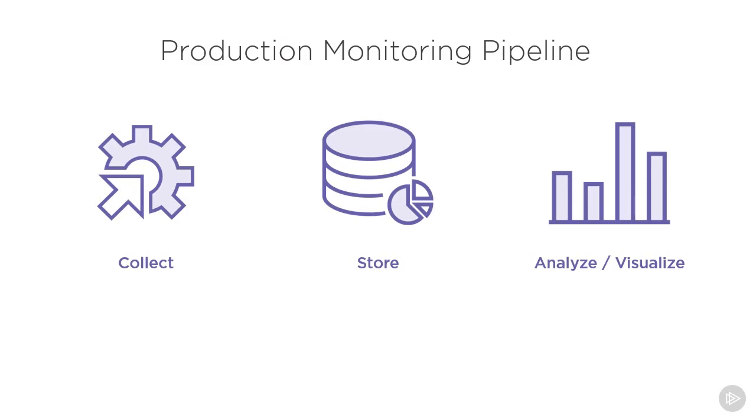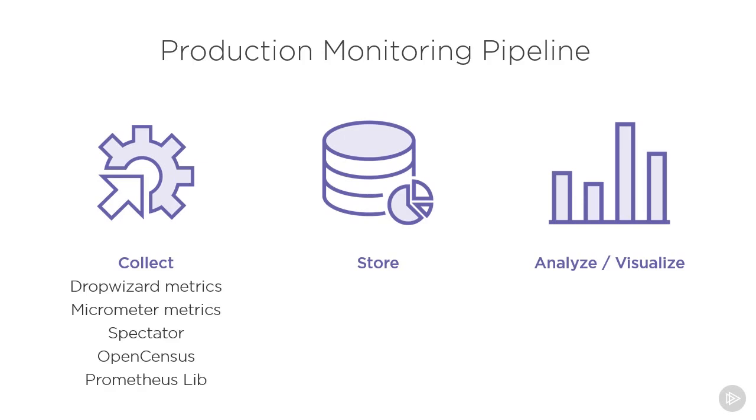Returning to production monitoring, there are several tools that can be used for the different phases in the production monitoring pipeline. For example, in the instrumentation, collection, and aggregation phase, we have metrics libraries like Dropwizard Metrics, Micrometer Metrics, Netflix's Spectator, and Google's OpenCensus and Prometheus client library.